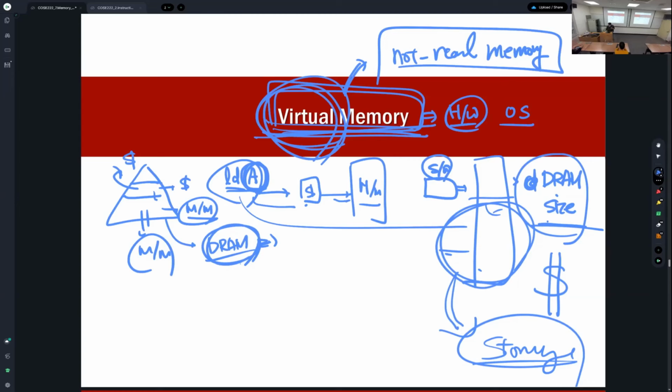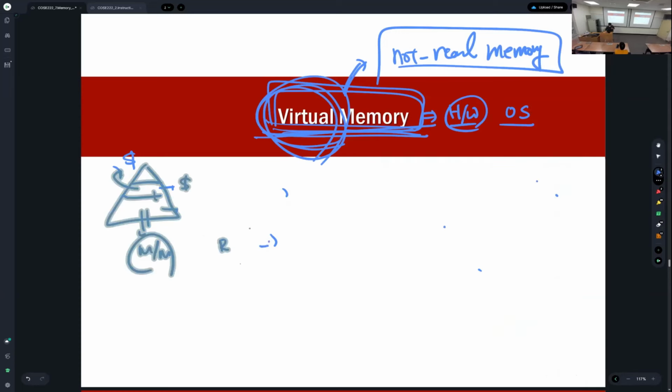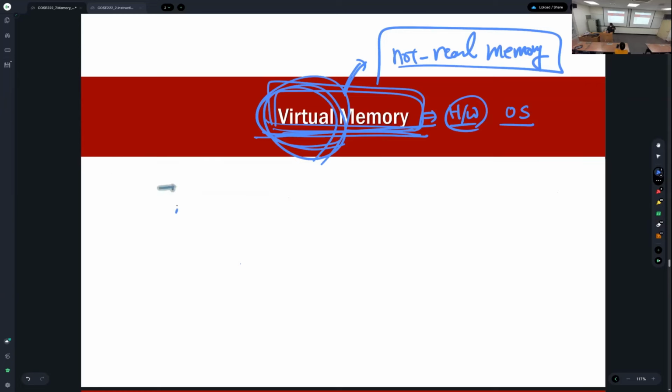So actually, virtual memory was developed for using DRAM like a cache, because DRAM size is small and software engineers want to use large memory space.